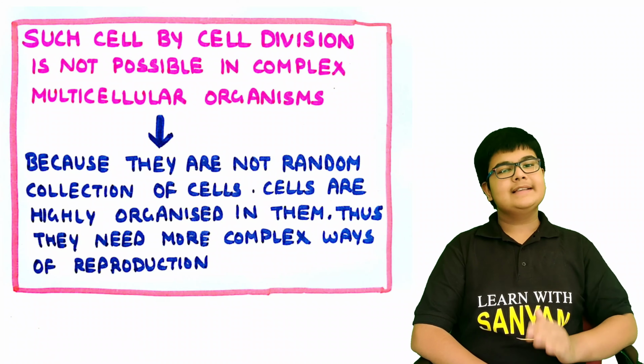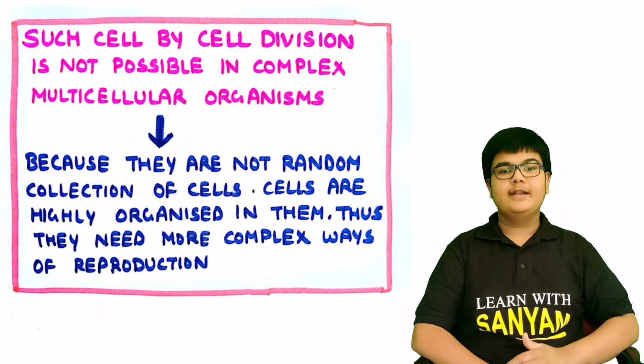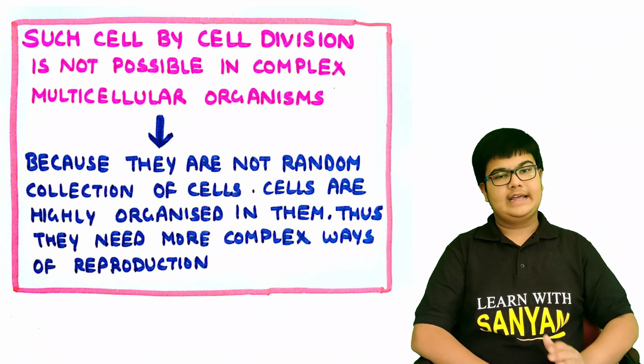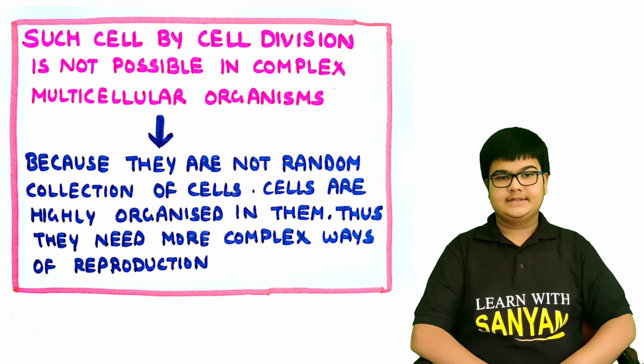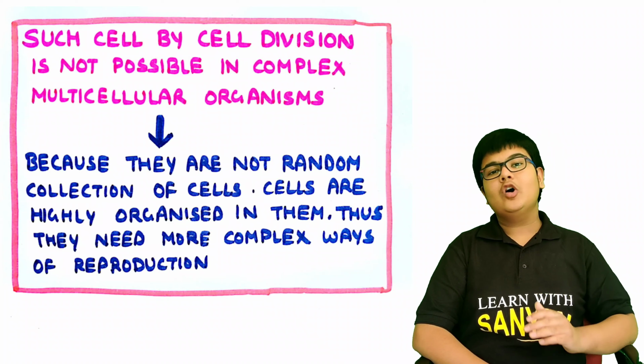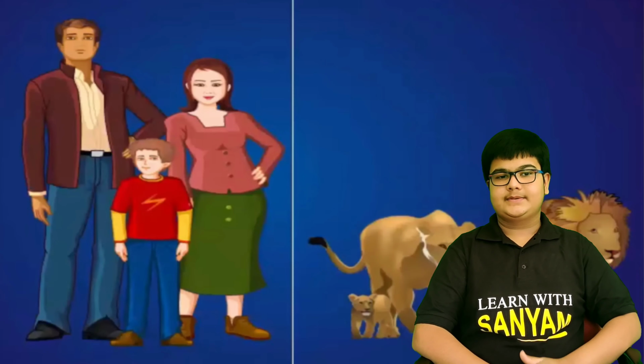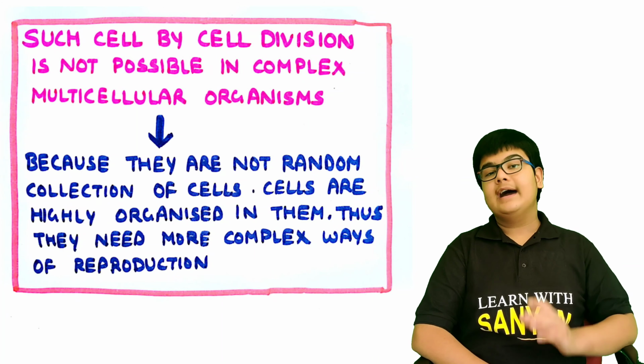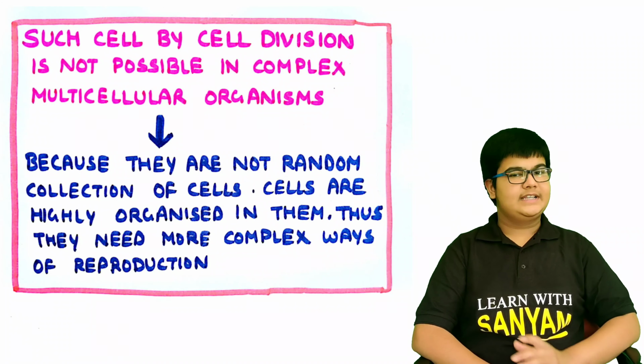Now, such cell-by-cell division is not possible in complex multicellular organisms. It is only possible in the simple organisms. This is because complex organisms are not a random collection of cells.